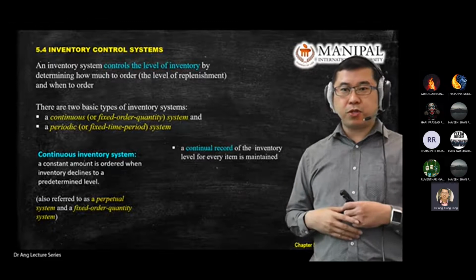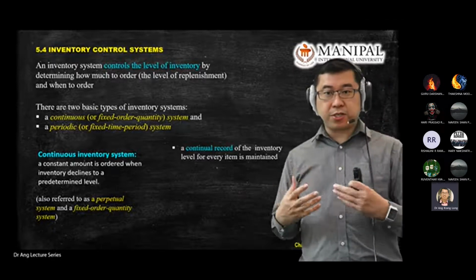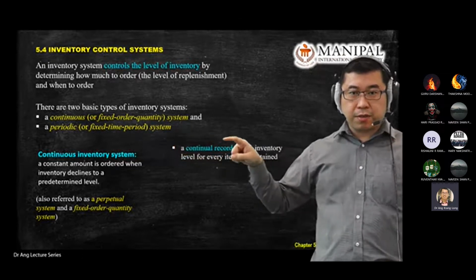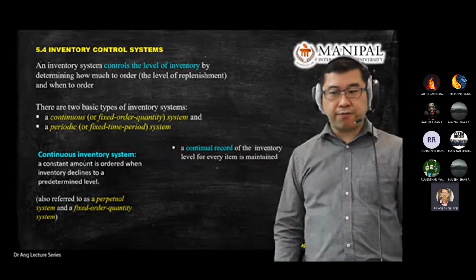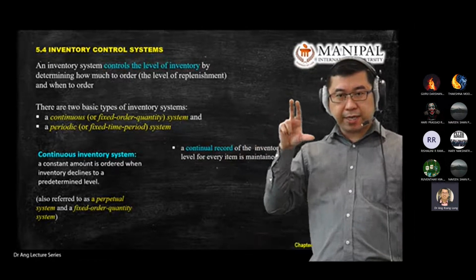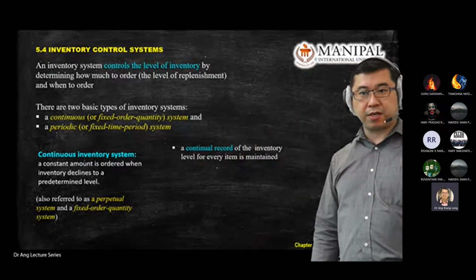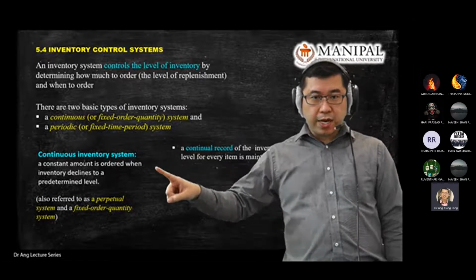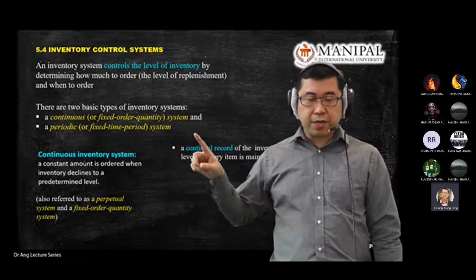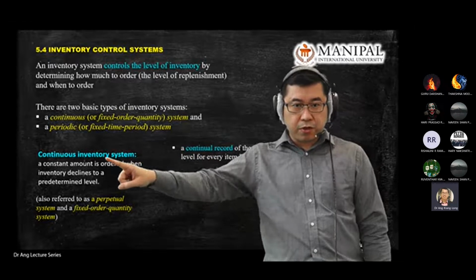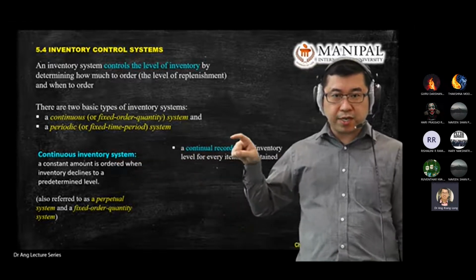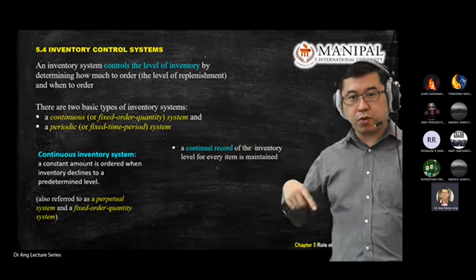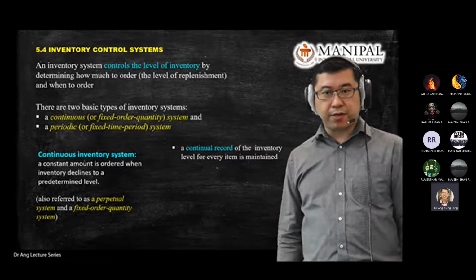For example, those doing online businesses will use continuous systems. You always keep track of the minimum items that you have in your inventory. One of the requirements or characteristics for a continuous inventory system is you need a real-time record, or continual record, meaning you always have an update of the record.